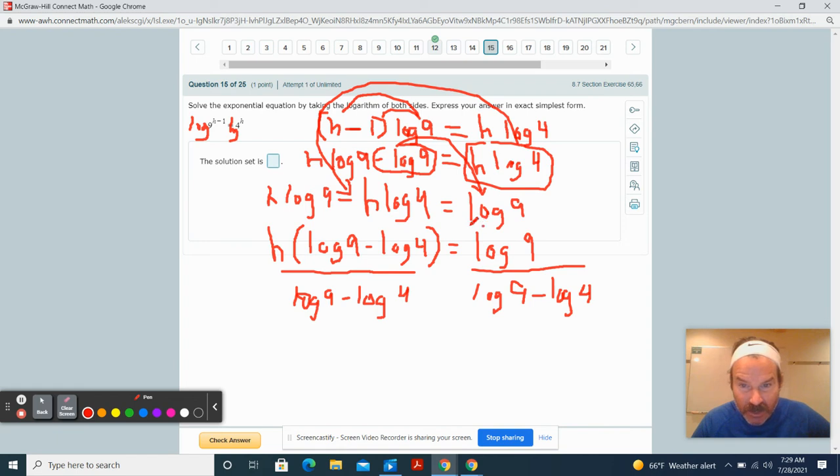So this is really your answer. It's a lot to put in, but it says exact simplest form. It doesn't say decimals. So when you put your answer in, you put log 9 on top, and on the bottom you put log 9 minus log 4. Okay? That's what goes in the box right there.